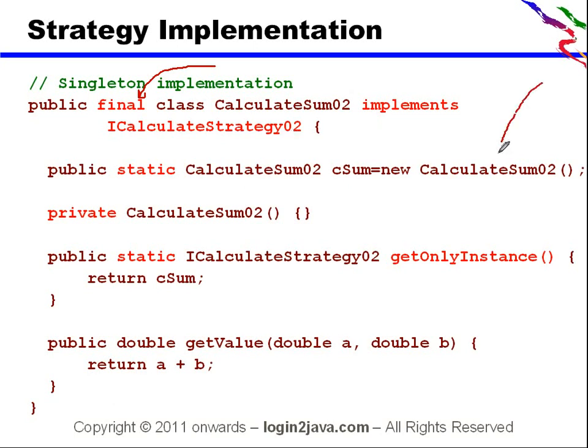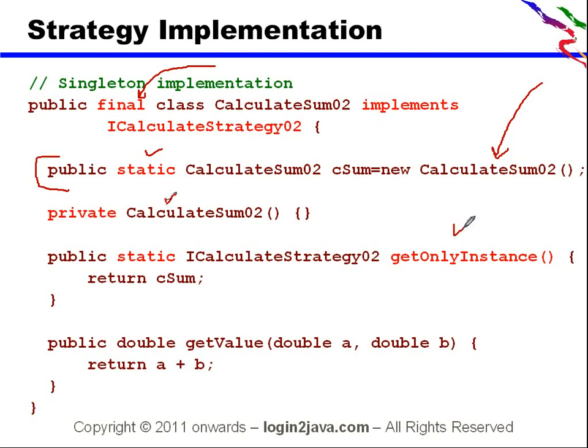Then we have taken the only object as a static reference within the class, and that object will be instantiated as soon as the class gets loaded into the memory, because we have taken it static. Then we have made the constructor private so that outside the class the instance cannot be created at all.